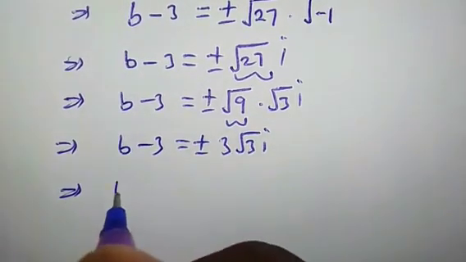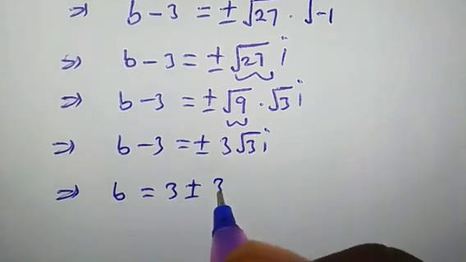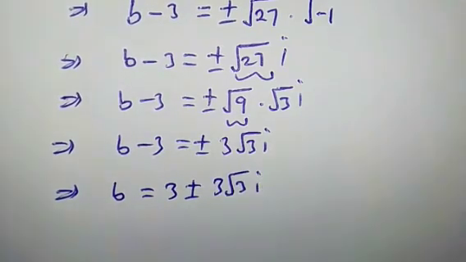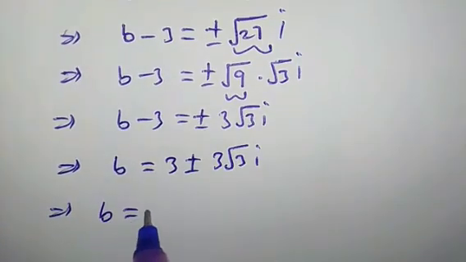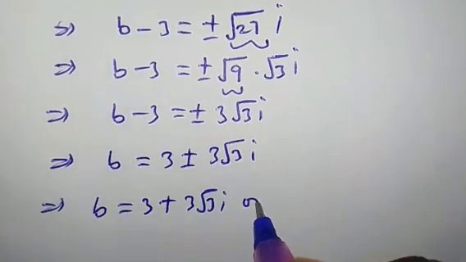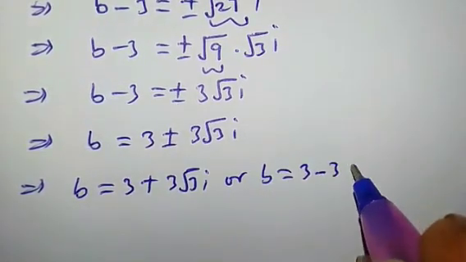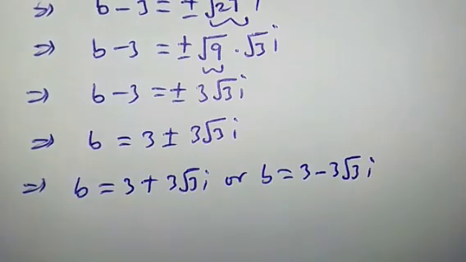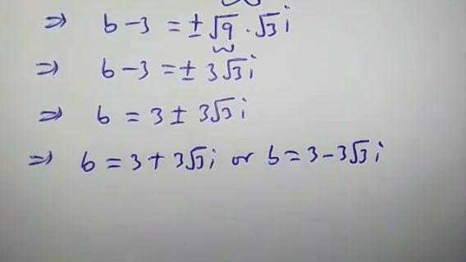This implies that b is equal to 3 plus or minus 3 root 3 i. So this in turn gives b is equal to 3 plus 3 root 3 i, or b is equal to 3 minus 3 root 3 i. You will see that we have two values for b.